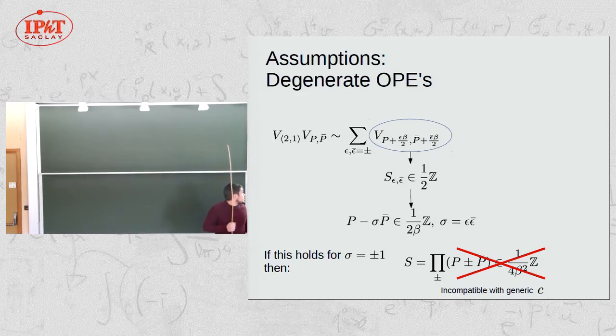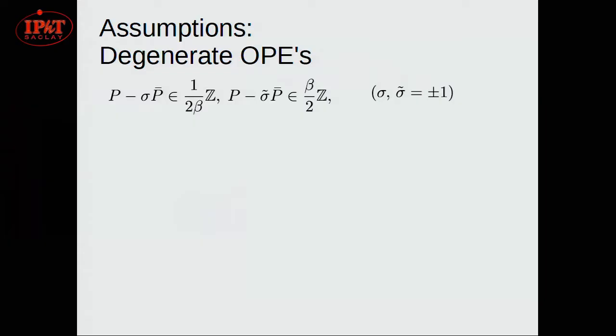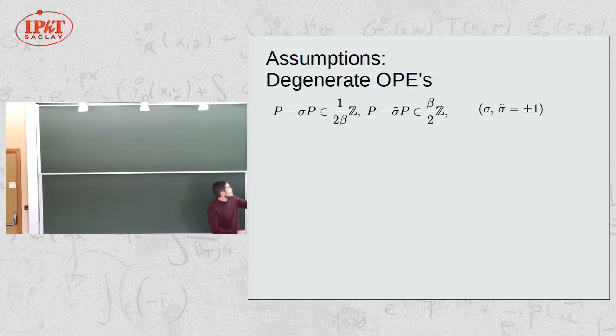We can perform the same reasoning starting with the other degenerate field, and thus we'll find a very similar condition with now a parameter sigma tilde and a change of beta going to 1 over beta.